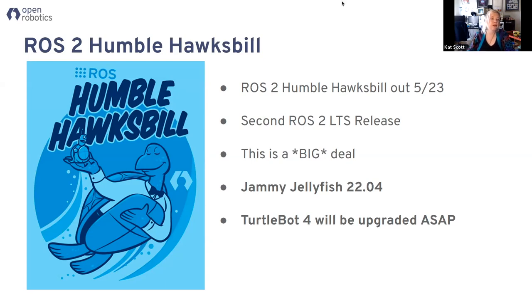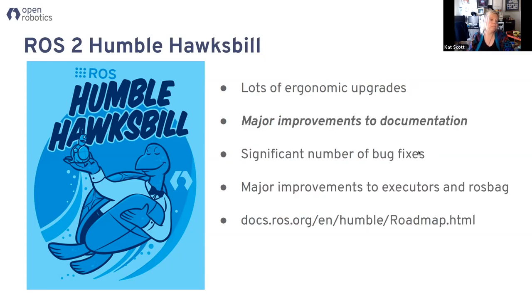The other thing I wanted to say though is, as soon as we can, probably within a month of it coming out, this is all going to run the latest, greatest version of ROS, which is ROS 2 Humble. The software release is on the 23rd. It's kind of a big deal. It's going to run on Jammy, 22.04, which is the preferred operating system, though it runs on others.